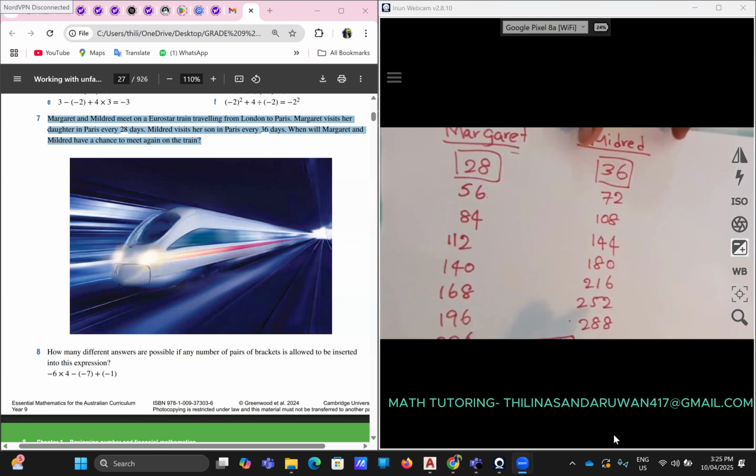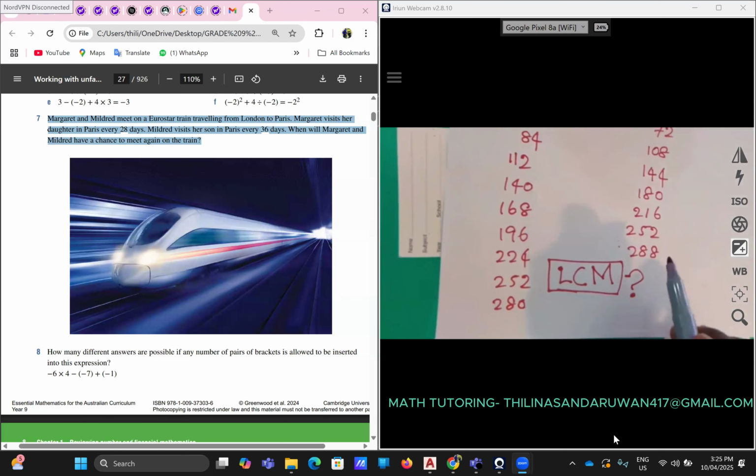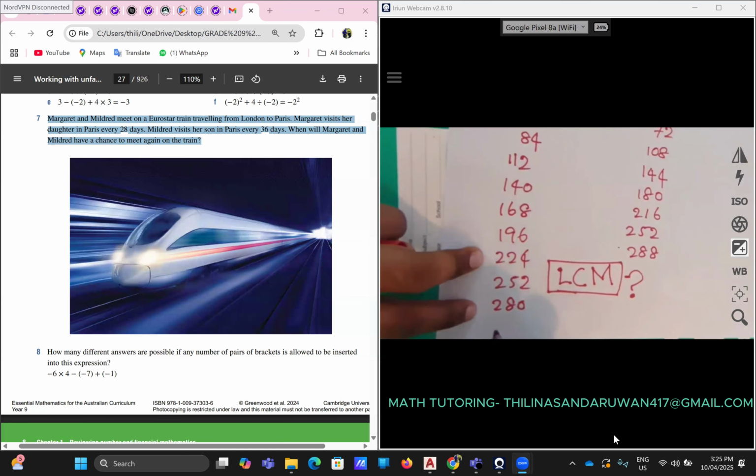Still we can't find it, but if you keep going, you will see a common multiple from each.